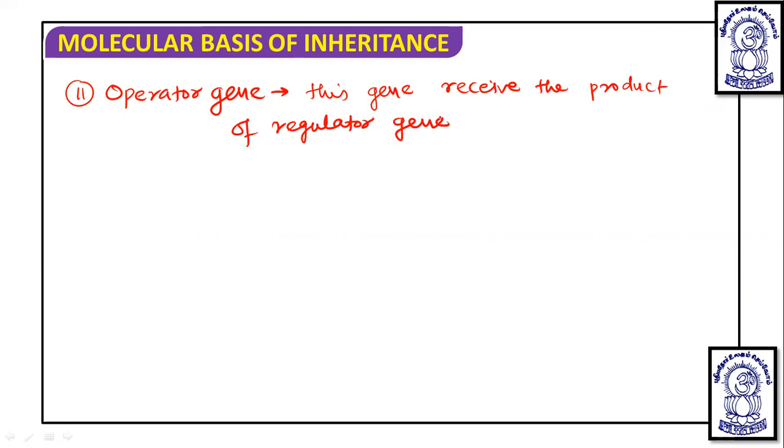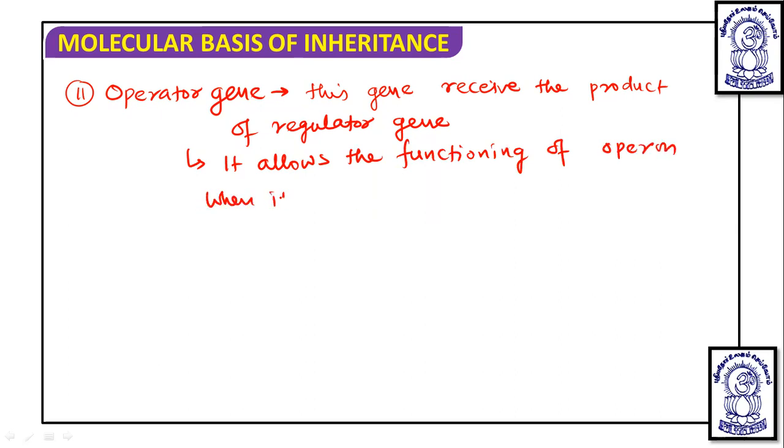This gene receives the product of the regulatory gene, and it is known that it allows the functioning of the operon when it is not covered by the product of the regulatory gene.